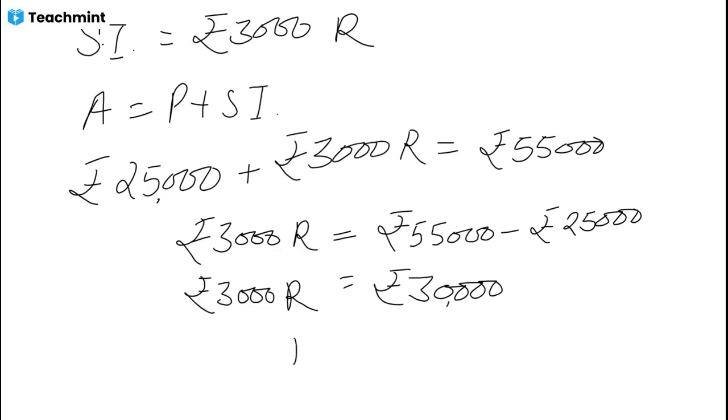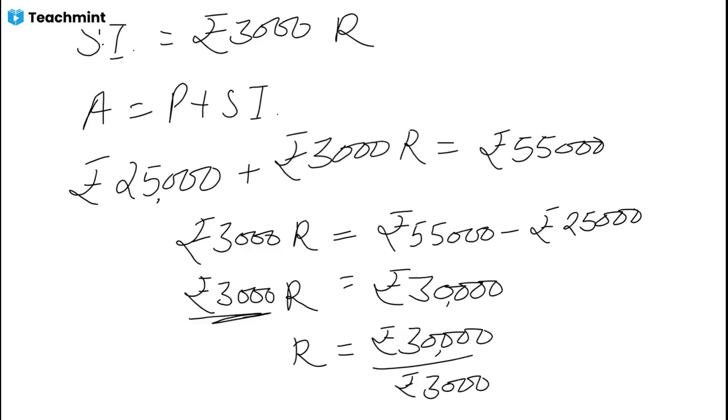We need to find R. So just divide it by this amount on the right side. Are you getting? Because this is multiplied with R, just change the side and this will divide on the right side. You got this step?